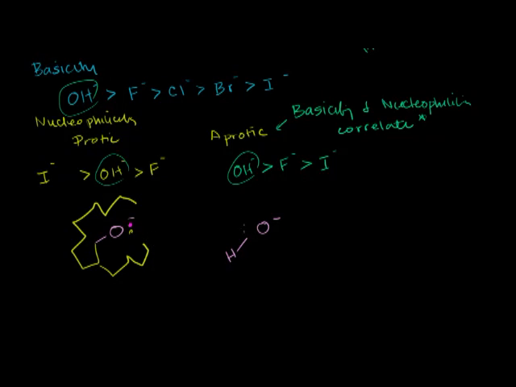It will be hindered, while in this situation it will be much easier. Even though the reacting group, this oxygen with a negative charge, is on some level fairly equivalent, this one is a much smaller molecule, less hindered, easier to get in. So this will be a better nucleophile.